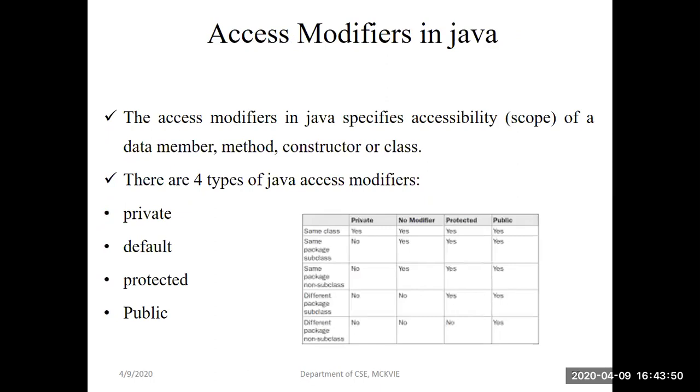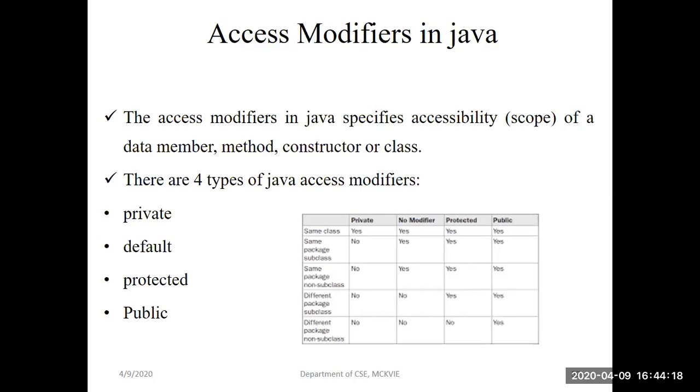Now we are going to discuss the difference between the access specifiers. We have 4 types of access specifiers: one is public, second is private, third is protected, and fourth is default.